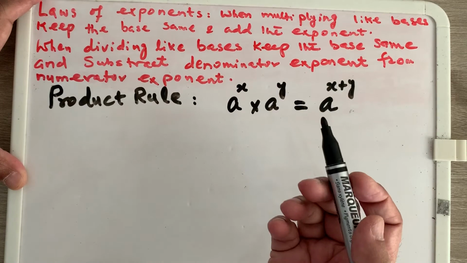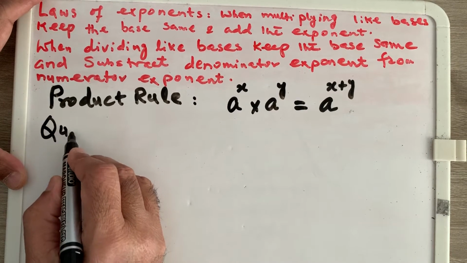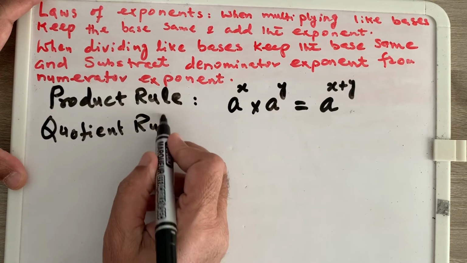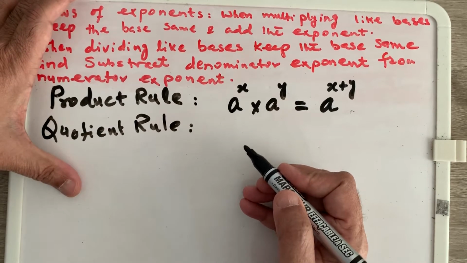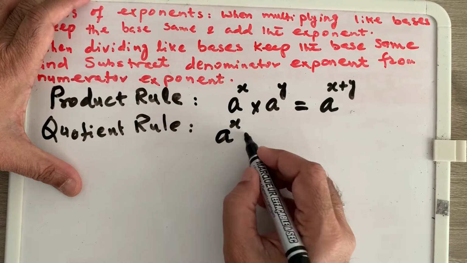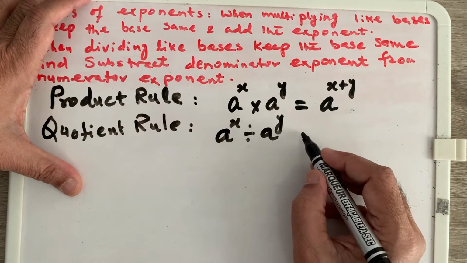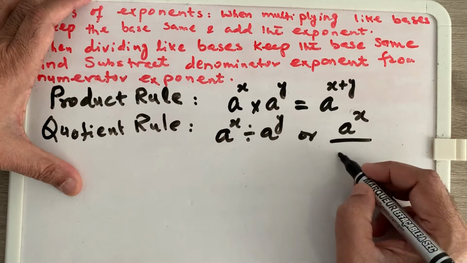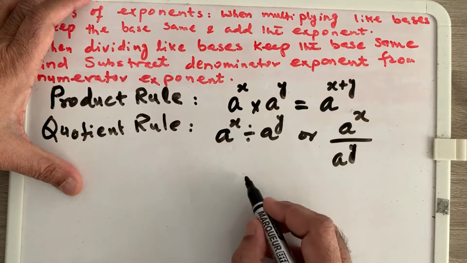Dividing rule or quotient rule. It's also the second rule, dividing or quotient. The quotient rule or dividing rule is: if the bases are same and two things are getting divided by each other, like for example a to the power x divided by a to the power y, we have to keep the base same again.